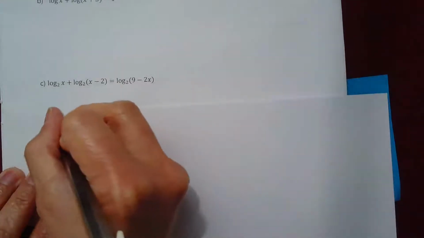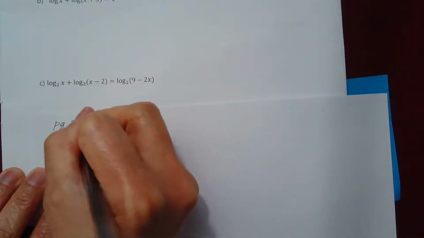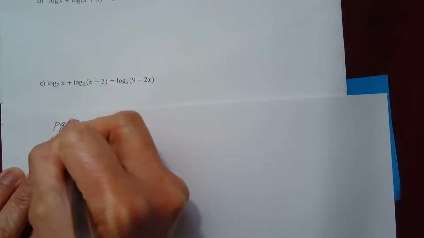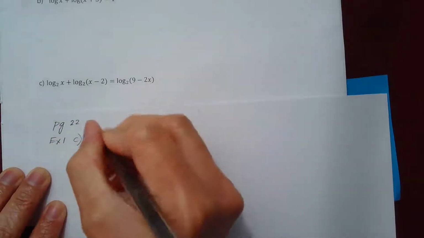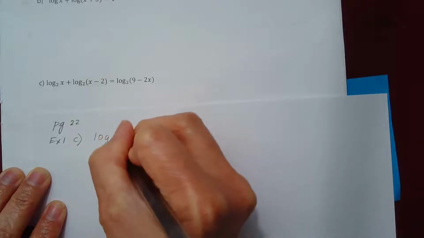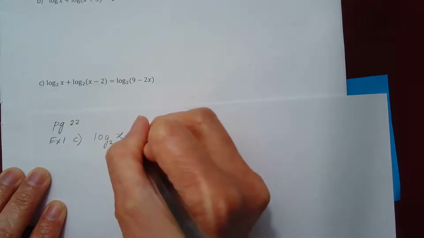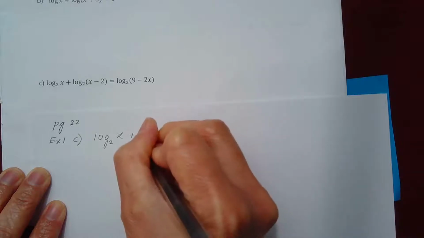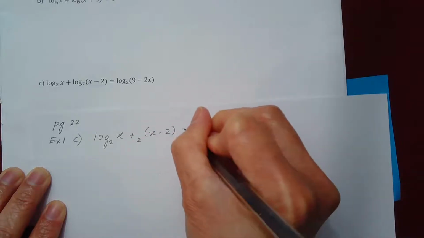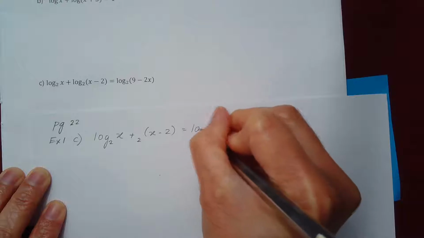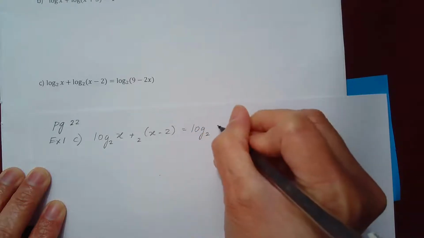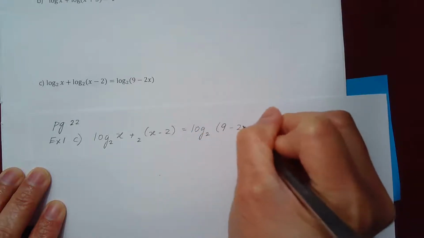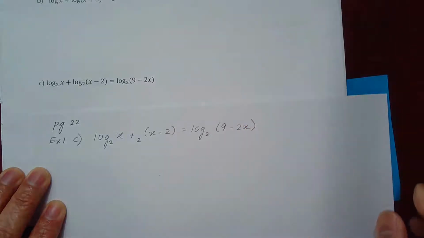So this is everything is on page 22. Oh, as you can see here, we have 2 logarithms on each side of the equation. So let's just see how this one's gonna play out.